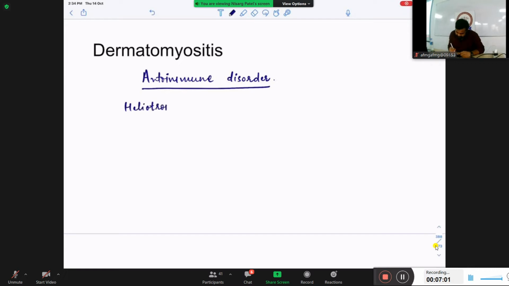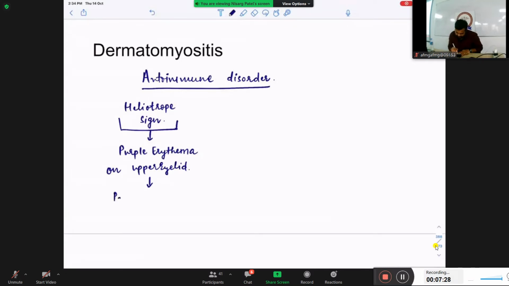The first sign is the heliotrope sign. What is this sign? This sign is a purple erythema on the upper eyelid. Purple erythema on the upper eyelid. This sign is pathognomonic of dermatomyositis.